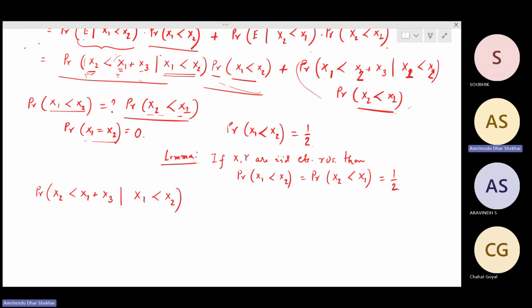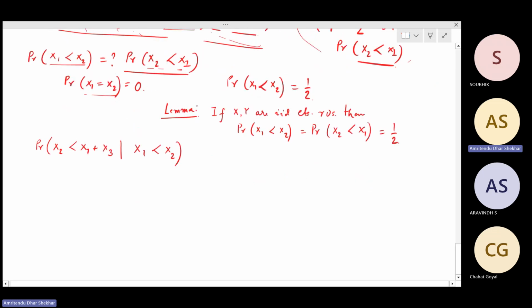Here is where we need to do some computation. x3 is a random variable, the time that Alice takes. We have to consider all possible values of x3, which can take all values from 0 to infinity.